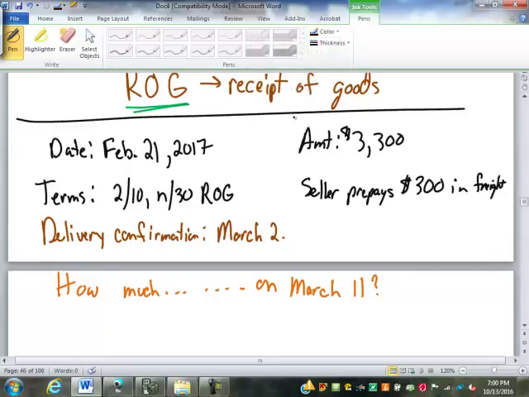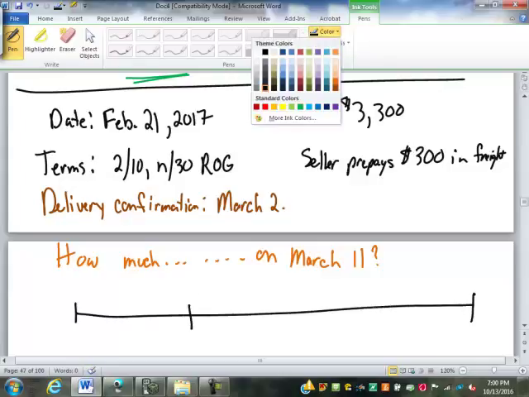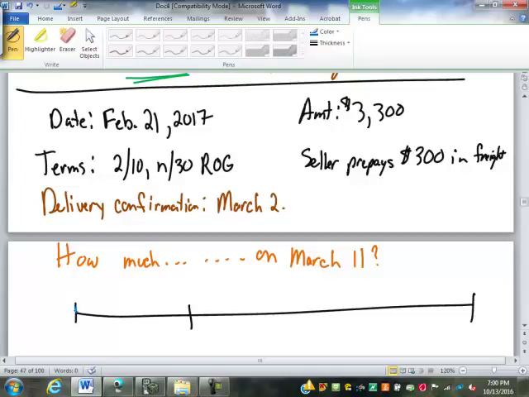So really the important factor here is the timeline. Normally the timeline starts on the invoice date here. Are we going to use February 21st? No. All this modifier does is change the effective invoice date. So we don't use February 21st.